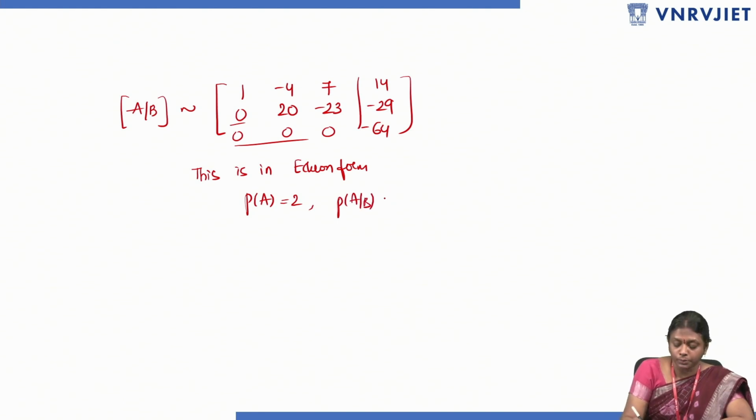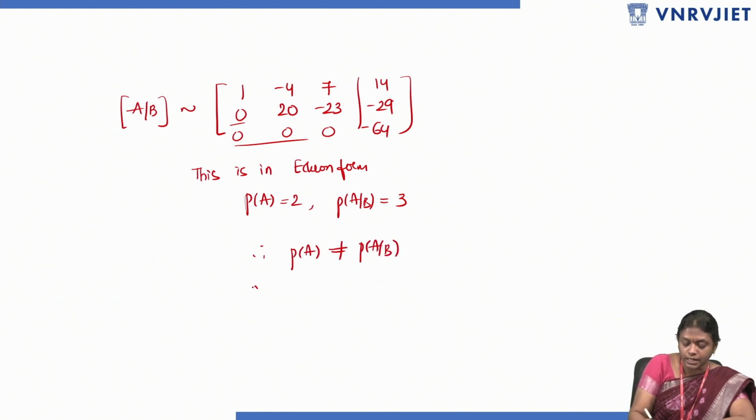So here the rank of the augmented matrix is equal to 3. If you observe, the rank of the augmented matrix is 3 and the rank of matrix A is 2. Therefore, we can write here rank of A is not equal to rank of the augmented matrix. That is, the system is going to be inconsistent. If the system is inconsistent, then it has no solution.